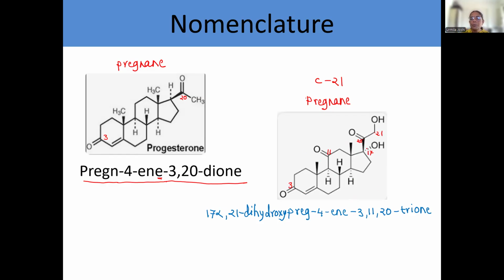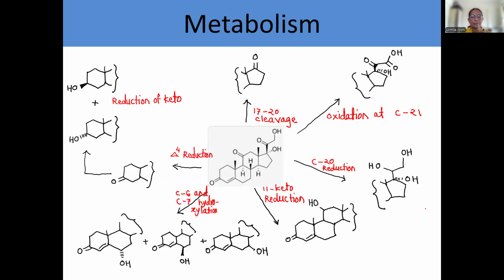The hydroxy groups are present at 17 position and 21 position. So 17 alpha, 21 dihydroxy. Then pregn-4-ene-3,11,20-trione. I hope I have made the nomenclature clear.